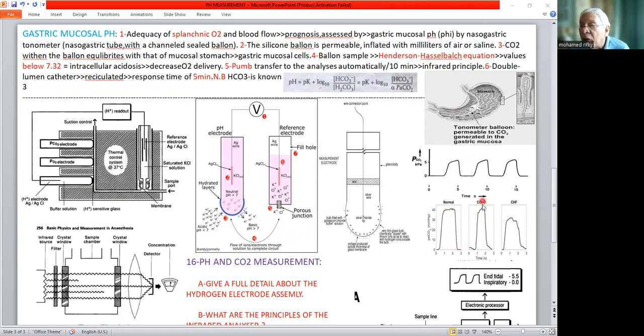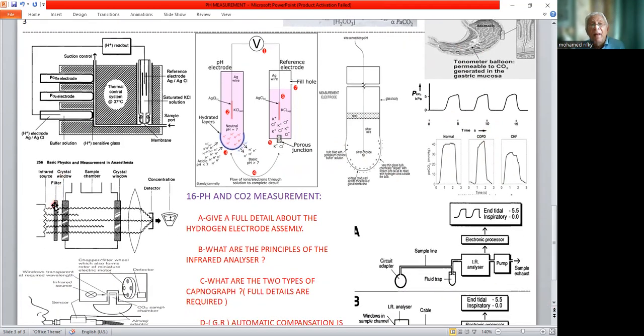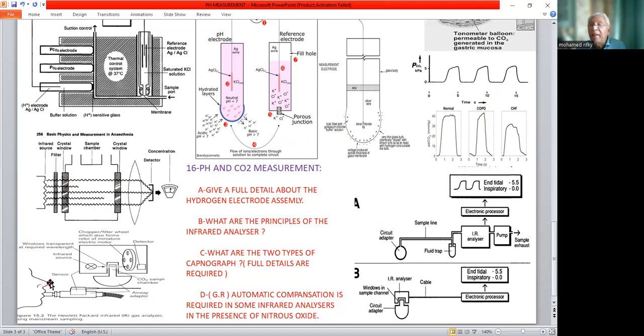And this is the figure where we have a normal one, and then we have chronic obstructive airway disease. You can see the steepness of the curve, and then this is a part where we have the congestive heart failure patient, and this is the sapphire chamber, and this is the mainstream capnogram, and this is the difference between the sidestream and the mainstream.